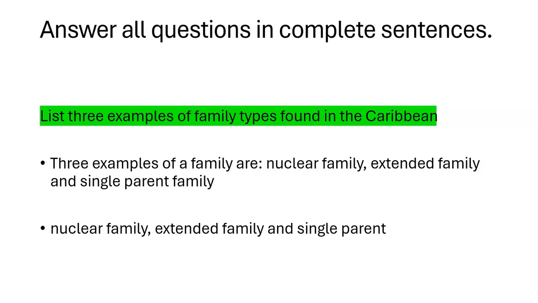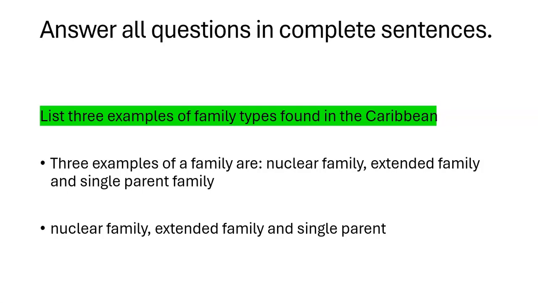I am now going to show you 2 ways that a student may answer this question. One of the ways is correct, the other is incorrect. Student A: 3 examples of a family are nuclear family, extended family, and single parent family.